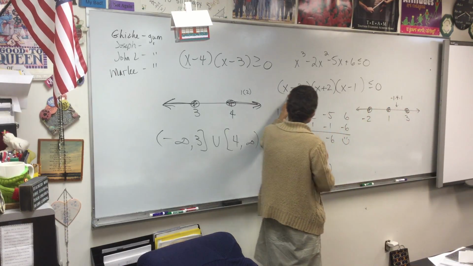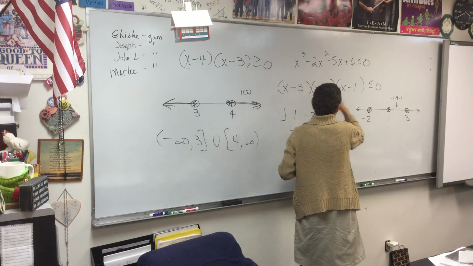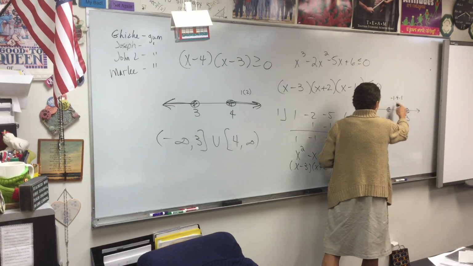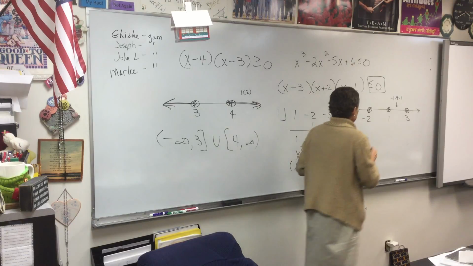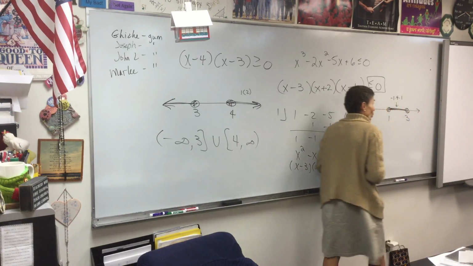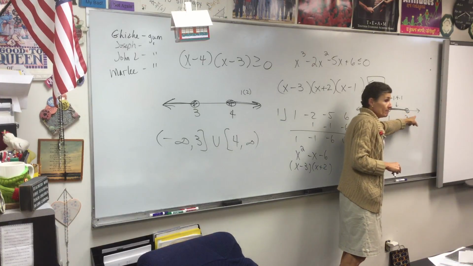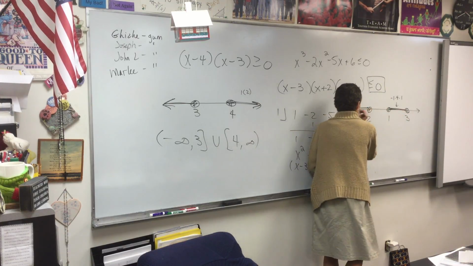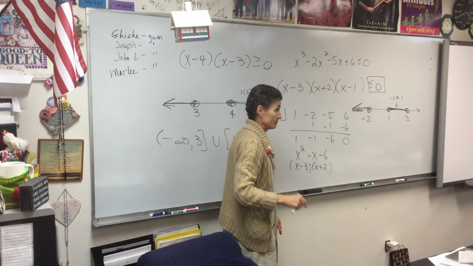If I put in 2, I get -1, 4, and 1. Now when I multiply those together, do I get less than 0? Yes. So this section actually worked. Which means that one doesn't, this one doesn't, but this one does. They alternate.